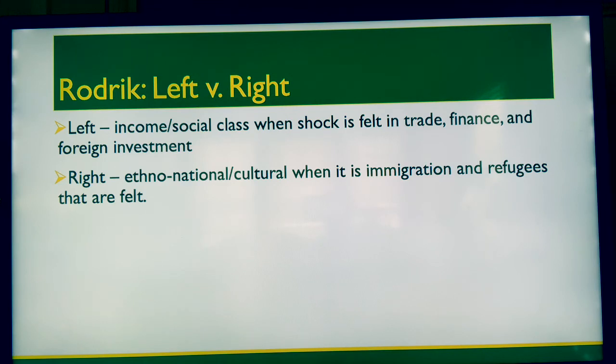You can see a social class, you can see Marxism in that, right? And then on the right, it's more ethno and national centric. This tends to result from immigration issues, refugees, where people feel like their nationality is being threatened by foreigners. Whereas the social class impact is things that take place with trade and finance and so forth.